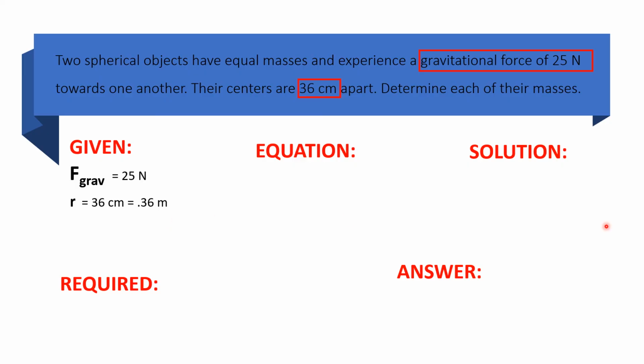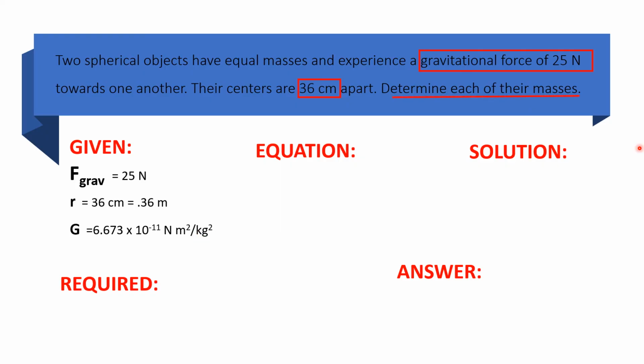Okay. From the problem, it was not given, but we need the value of the universal gravitational constant, and that is equal to 6.673 times 10 raised to negative 11 Newton meter square per kilogram square. So that is the value of universal gravitational constant.